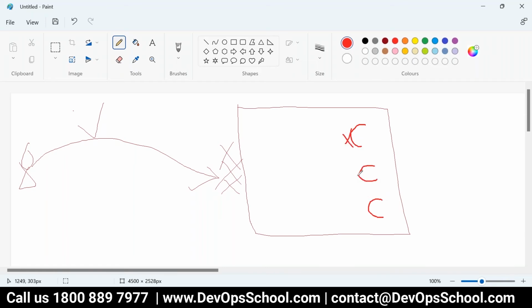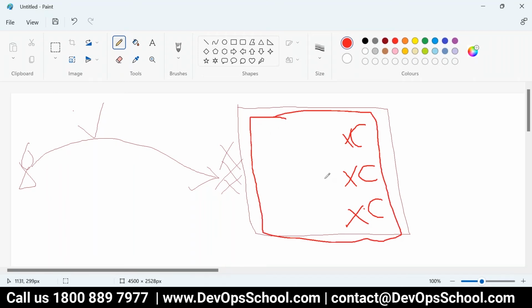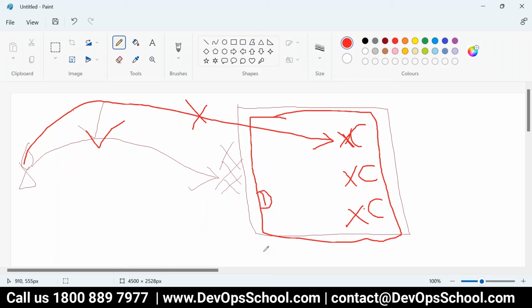The container has an IP address, but the scope of that IP address is limited to the host only. So can you access this container directly from outside? No. Why not? Because this container got a local IP address from Docker, and the scope of this is Docker.